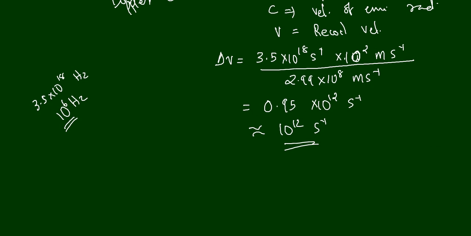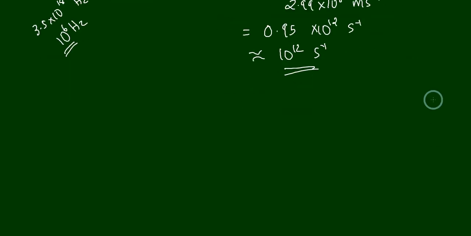So what will the frequency spectrum look like? We consider that the frequency should be like this. If we are taking the spectrum, here is the frequency of 3.5 into 10 raised to 18 hertz coming here, with a line width of 10 raised to 6 hertz.